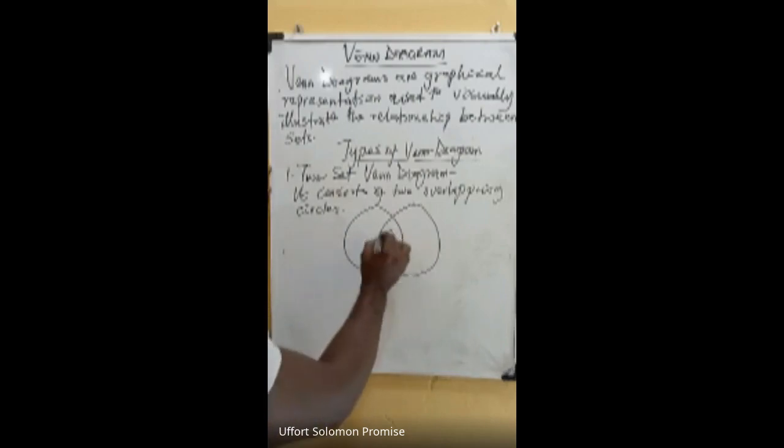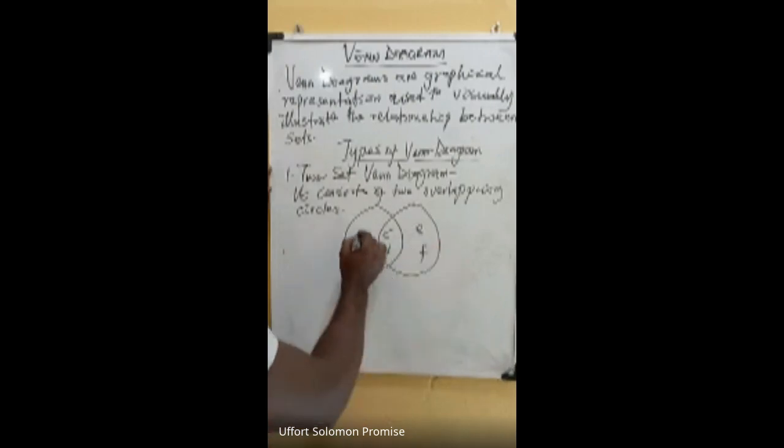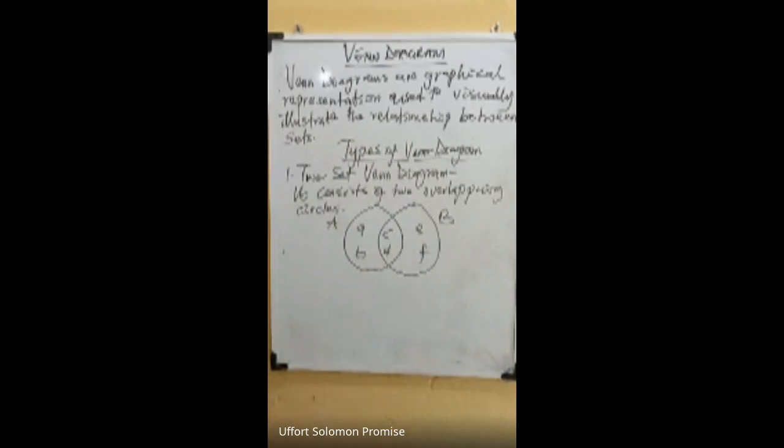So we have C, D, F, and we have A and B. The capital letter A and the capital letter B are the sets. The first circle represents the set A. This here means that set A has 4 elements.